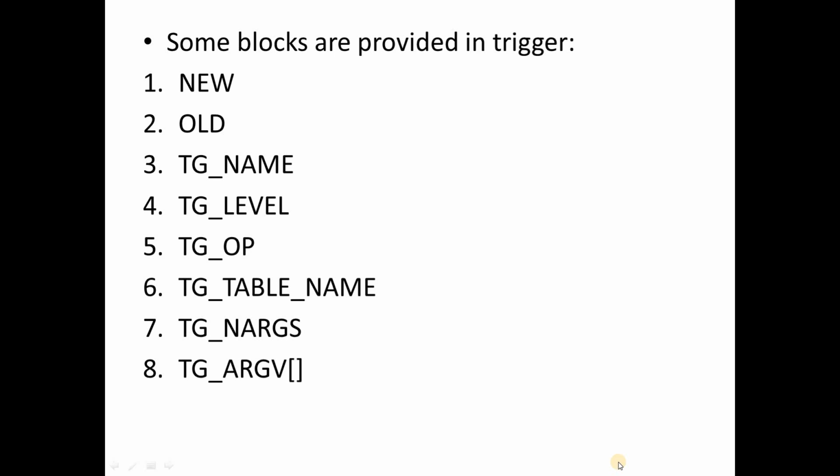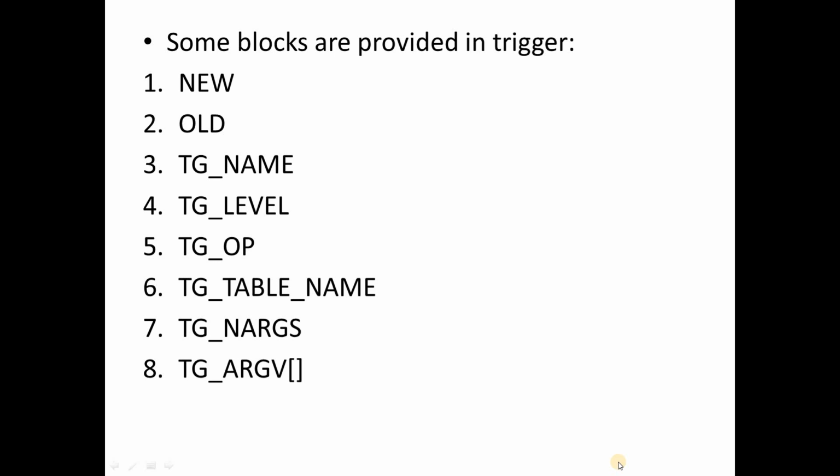Then third is TG_NAME. TG means trigger. Remember that TG means trigger. So what is TG_NAME? TG_NAME holds the name of the trigger which is fired at the current time. On the current situation, whichever trigger is automatically fired, that trigger name is stored in this TG_NAME variable.